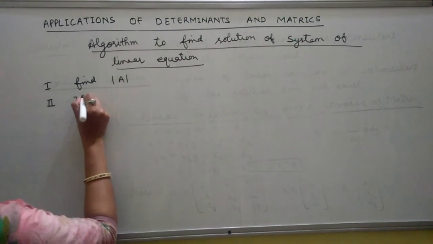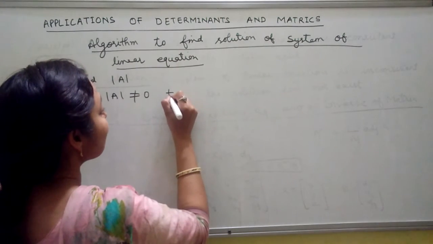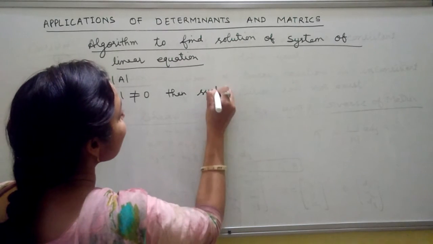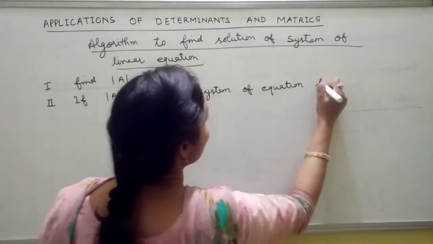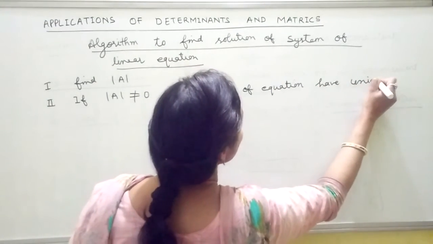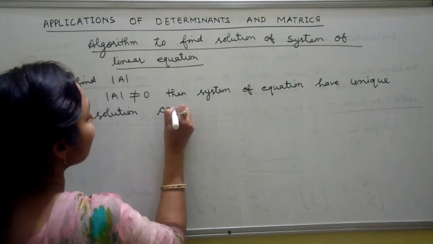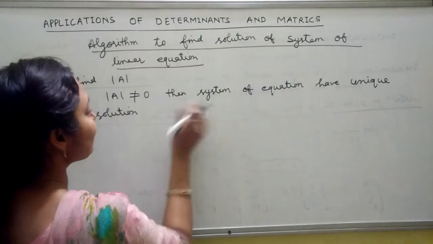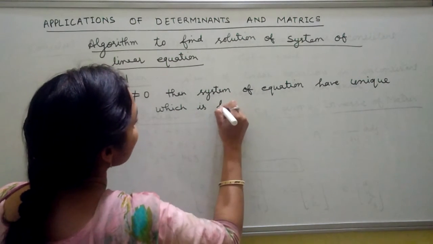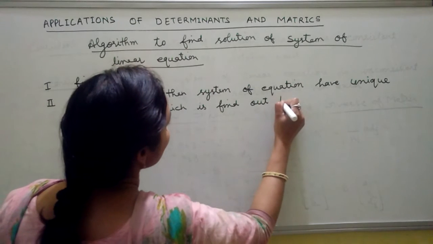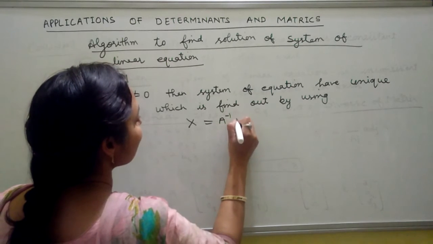Second step, if A determinant not equals to 0, then the system of equations has a unique solution, and the solution can be found out by using X is equals to A inverse B. Okay.